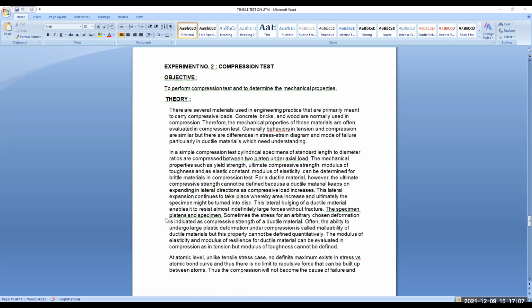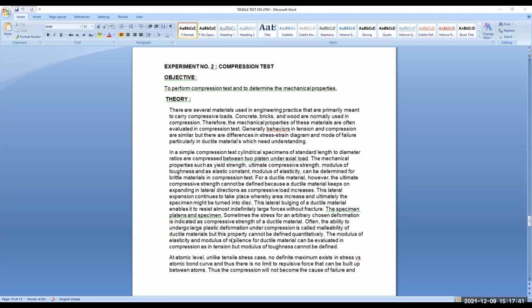Often the ability to undergo lateral plastic deformation under compression is called malleability of the ductile material, but this property cannot be defined quantitatively.